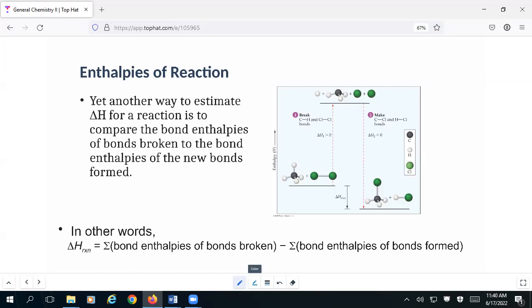And that difference must be the enthalpy change. And so if the products have a lower energy than the reactants did, that's an exothermic process because energy in net was released as the reaction proceeded. And if the products happen to be higher in energy, then that would be an endothermic process because that extra energy input stayed in the bonds in some kind of way.